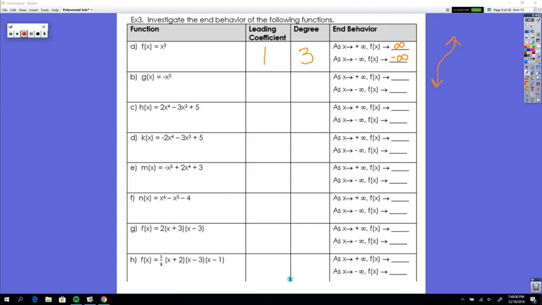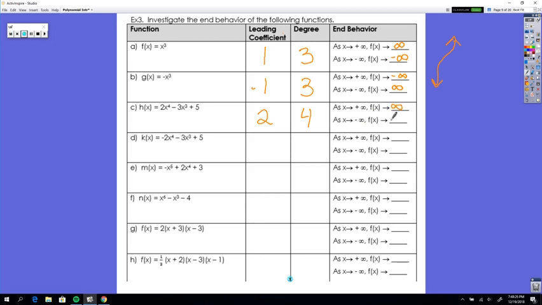After you've explored these problems with your partner, you should have gotten that this leading coefficient is -1, and our degree is 3. Our end behavior is negative infinity and positive infinity, respectively. Here, our leading coefficient is 2. Our degree is 4. And as x approaches positive infinity, f of x approaches positive infinity.